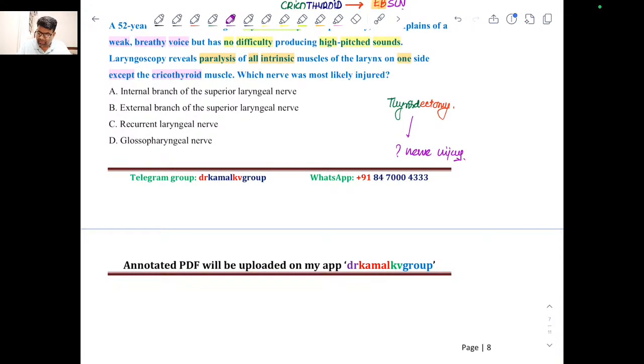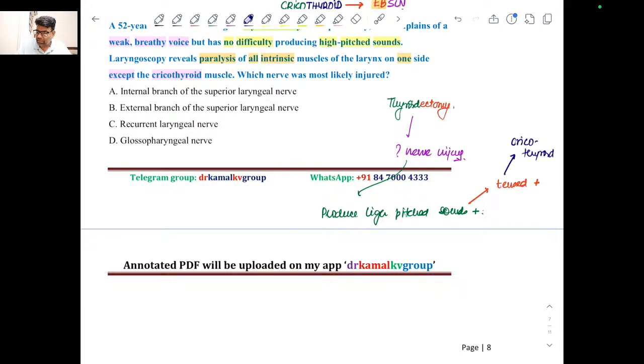Now, what is happening? The patient can produce high pitched sounds. So this is possible. It means the vocal cords can be tensed. And vocal cord tense means which muscle is okay?